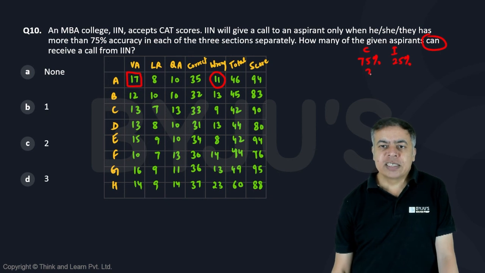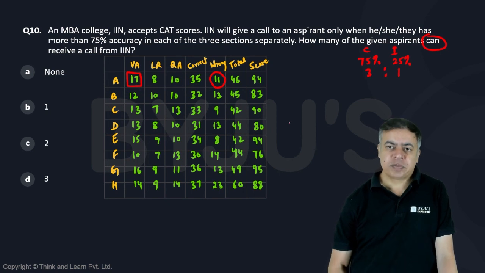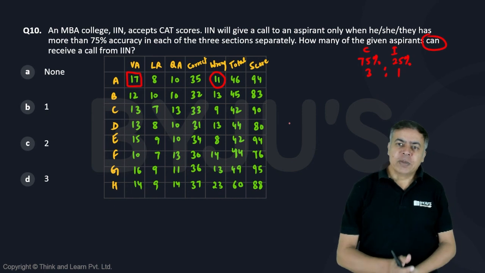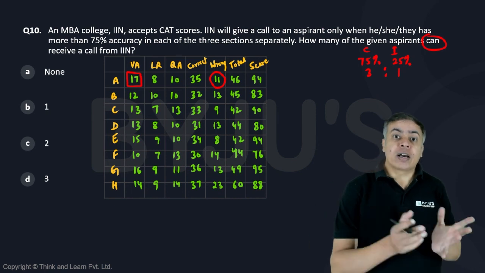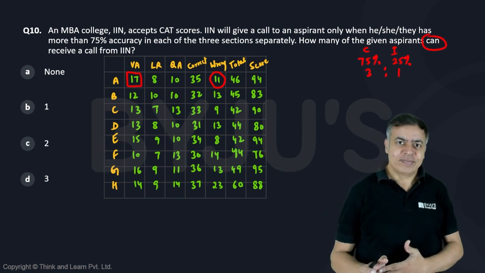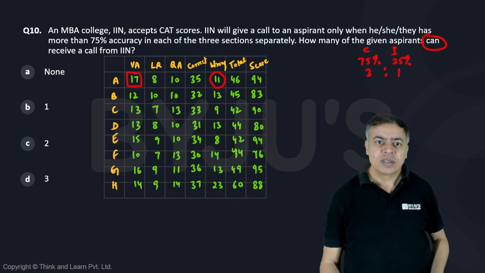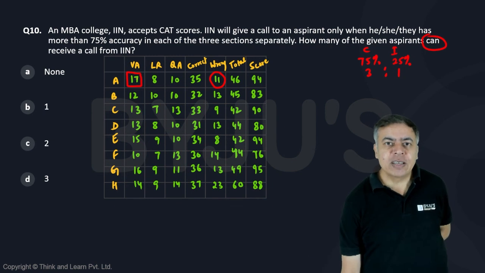That means this is 3:1, so only 1/3 of the correct can be wrong, not more than that. So for 17, what is the 1/3? Maximum 5 you can have incorrect here.